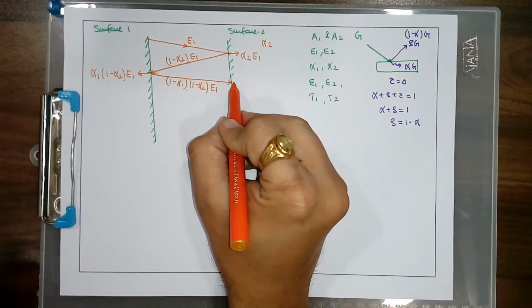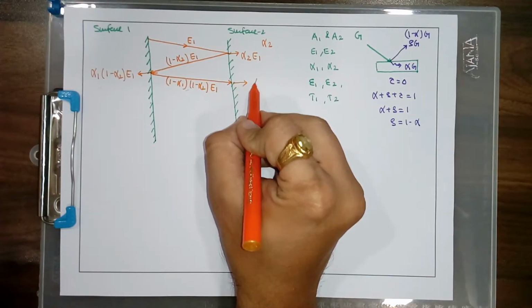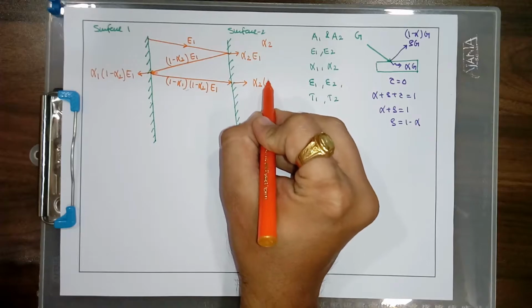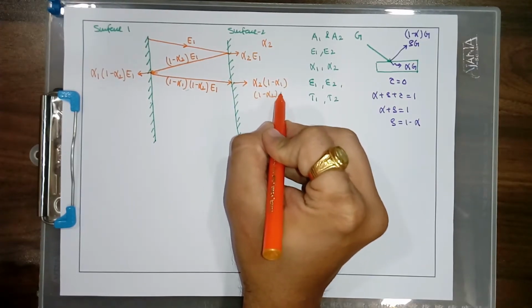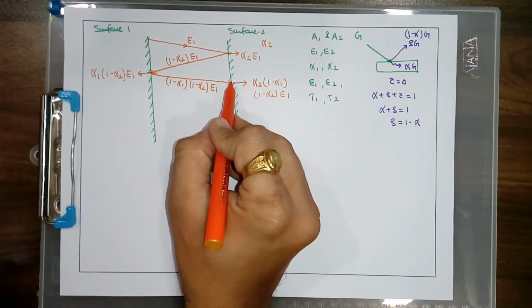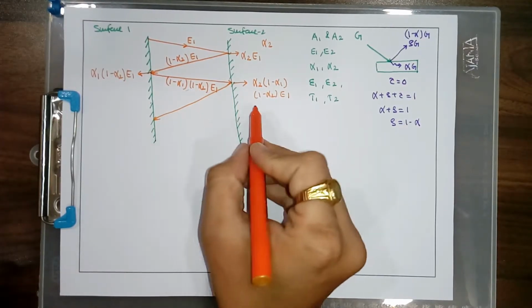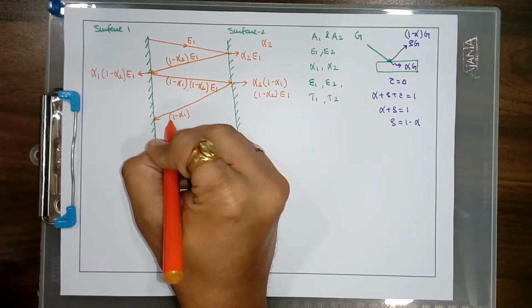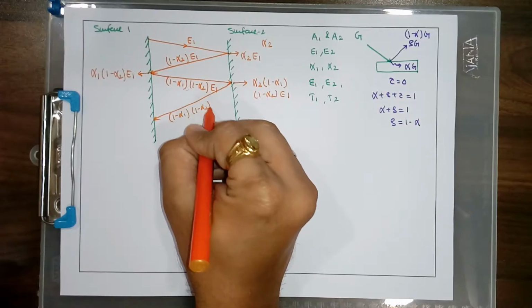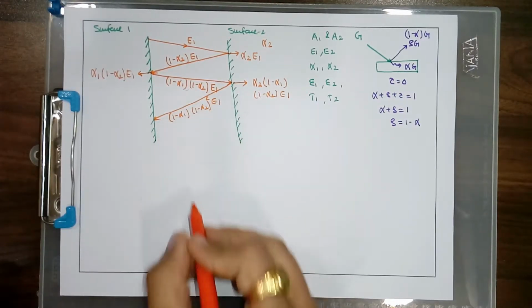Now again it absorbs certain energy, that is alpha 2 times 1 minus alpha 1 times 1 minus alpha 2 times E1, and it reflects back some energy, that is 1 minus alpha 1 times 1 minus alpha 2, whole to the power 2, times E1.